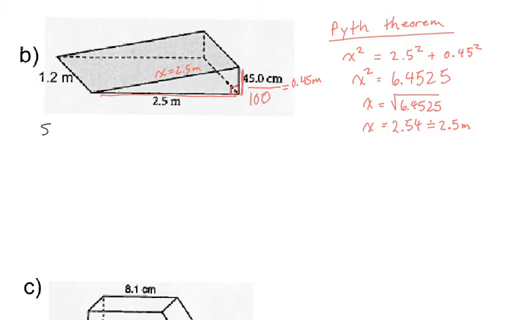So the surface area of the prism is the two triangles plus the bottom plus the side plus the top. So these represent my triangles.